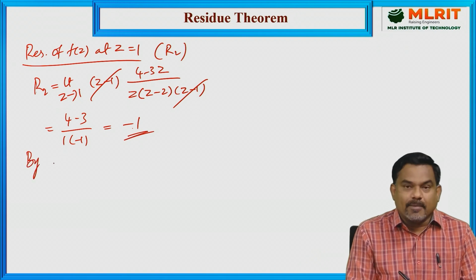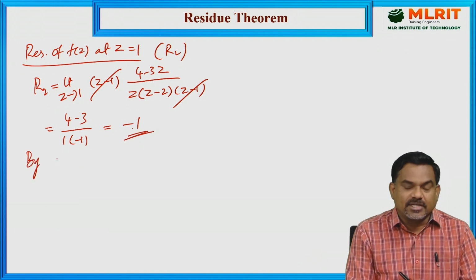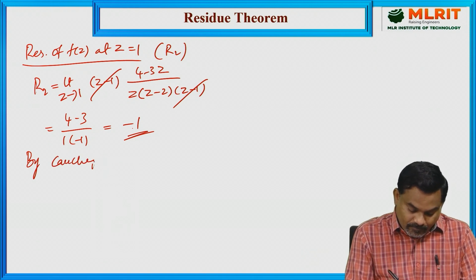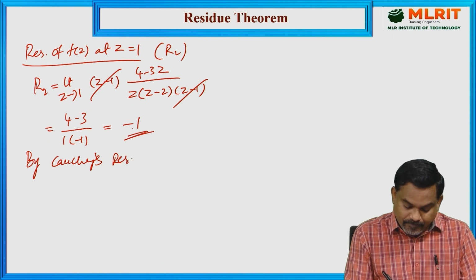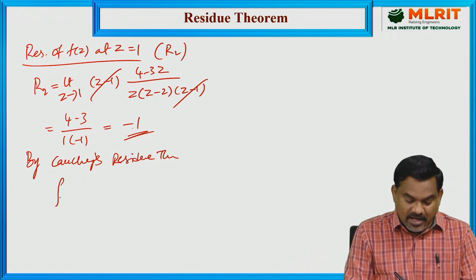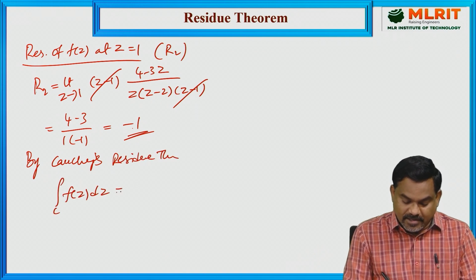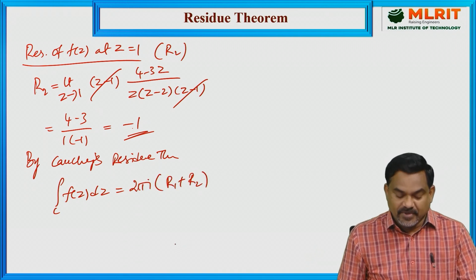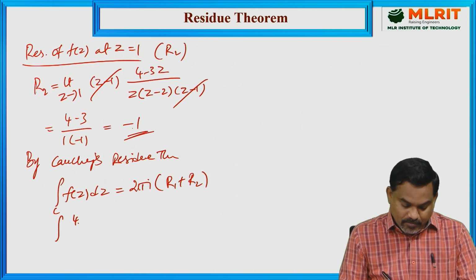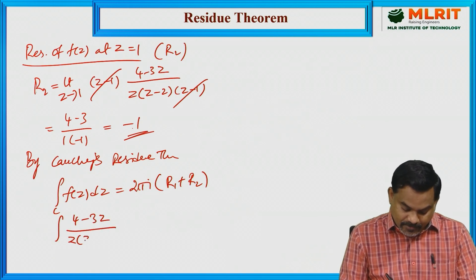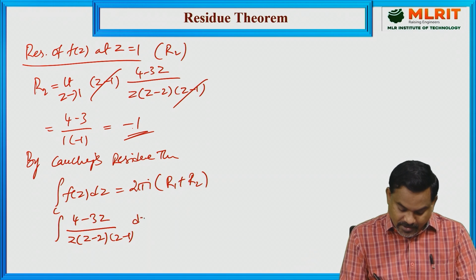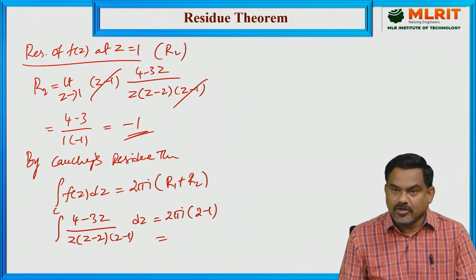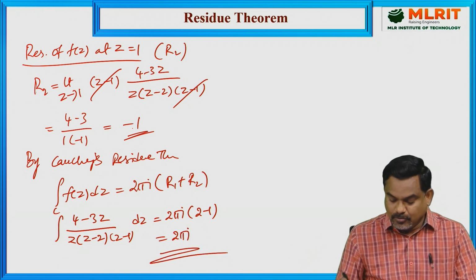Now we can apply Cauchy's residue theorem. By Cauchy's residue theorem, the line integral of f of z dz is 2 pi i into the sum of the residues, and here we have R1 and R2. Hence the given integral of 4 minus 3z by z into z minus 2 into z minus 1 dz is 2 pi i into 2 minus 1. R1 is 2 and R2 is minus 1. So the answer is 2 pi i.